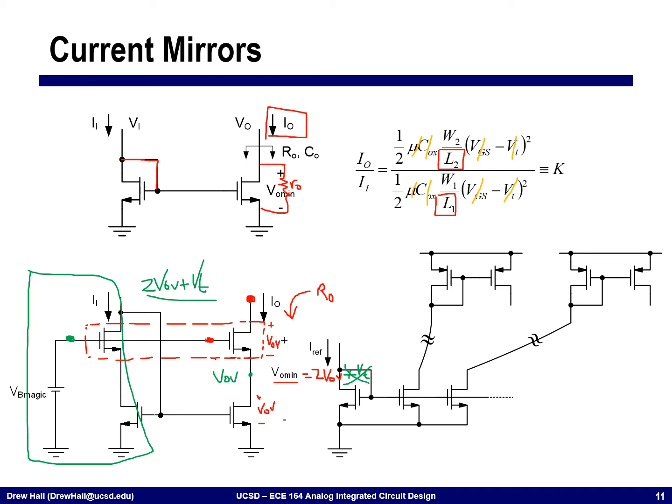Again, sending currents is much safer than sending voltages, in part because of the low impedance nature that we have. So here, this sees a 1 over GM impedance. And so any disturbance on this line will settle out very quickly as compared to a voltage bias line, which is typically high impedance.